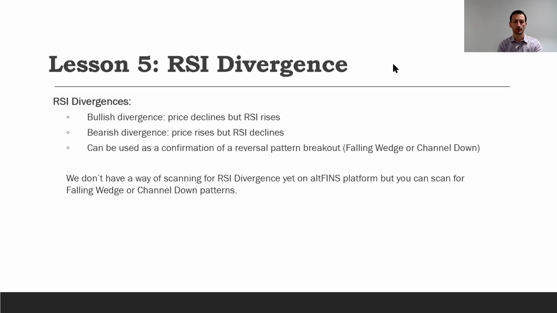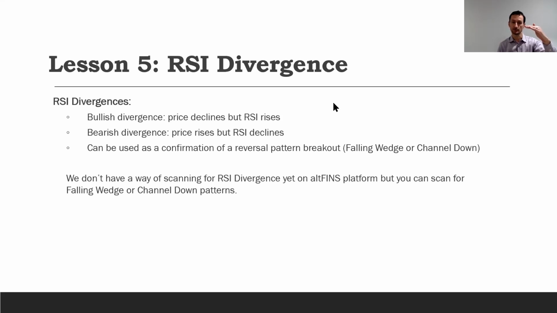A bullish divergence means, and we'll look at some examples, that price is declining, but the RSI is actually rising. So they're going in opposite directions. That should raise an eyebrow. That's a bullish divergence.